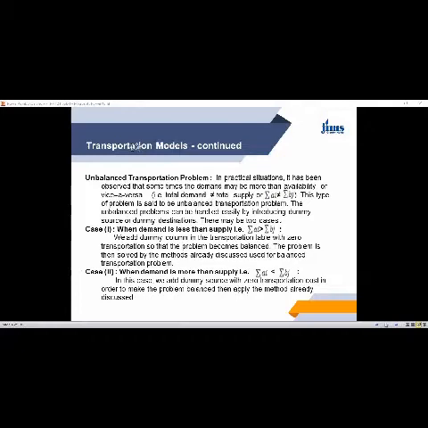So what happens in real life problems? The demand may be more than availability or vice versa. So if the total demand is not equal to total supply, or sigma Ai is not equal to sigma Bj, this type of problem is said to be unbalanced transportation problem.